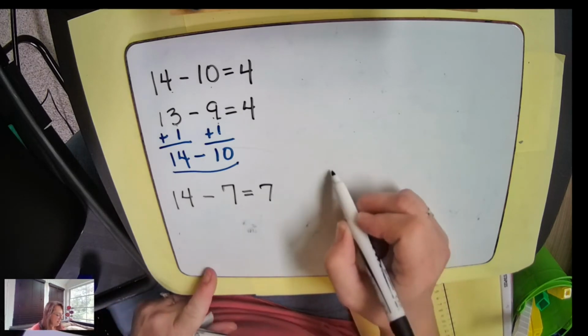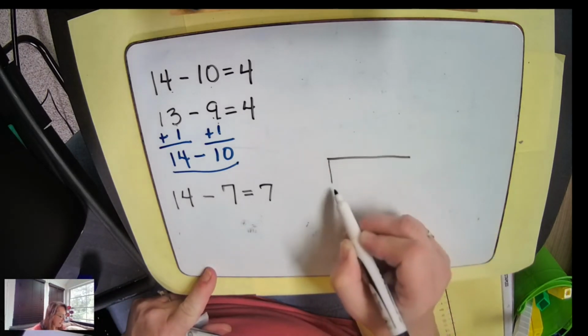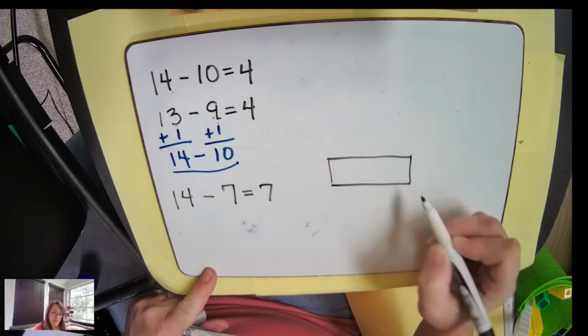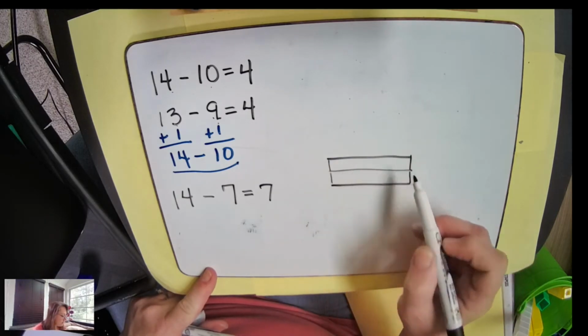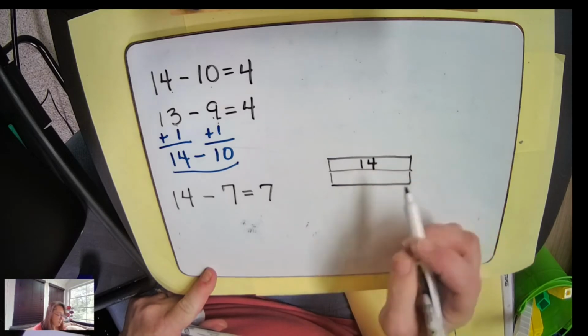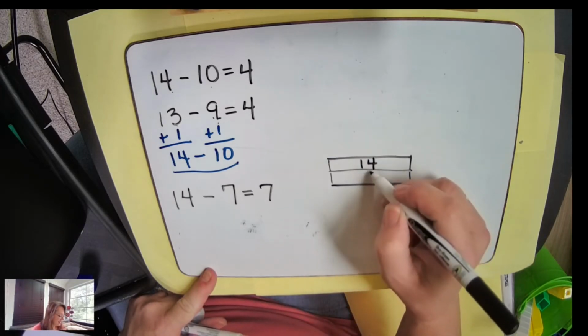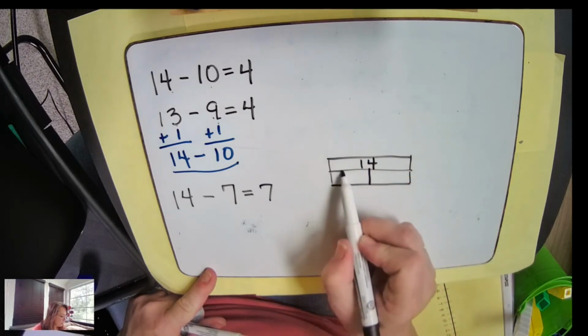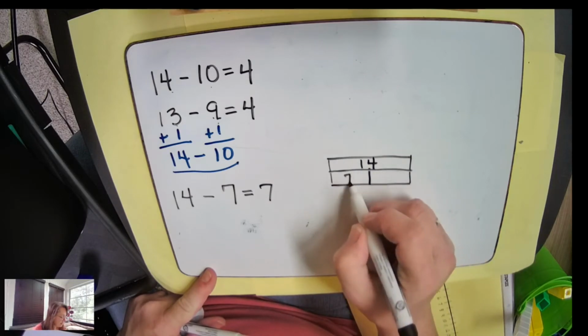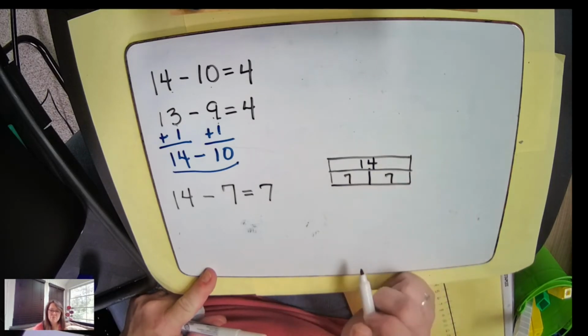And she knows that 7 plus 7 is 14. So 14 is decomposed in 2 equal parts of 7 and 7.